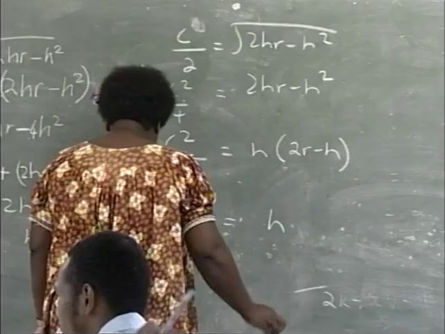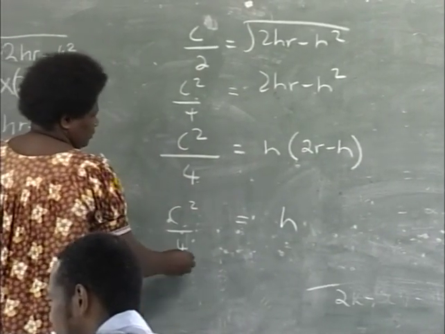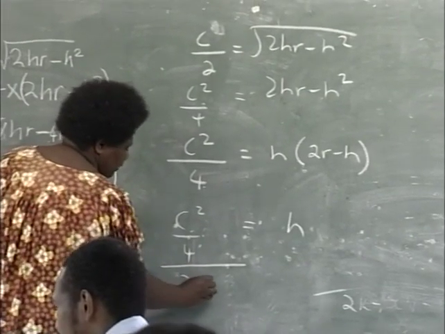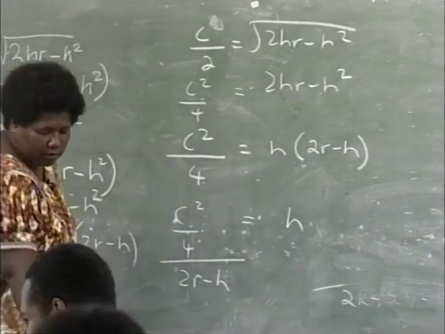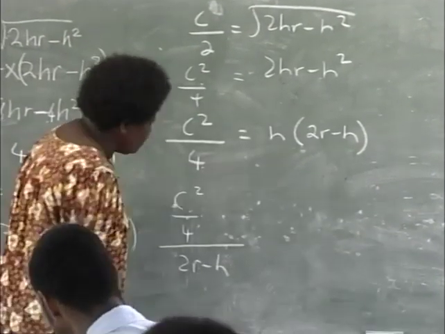H is equal to C squared over 4, and then all of it is divided by 2R minus H, which goes against the rule, because you're supposed to have one H only on one side of the equation.